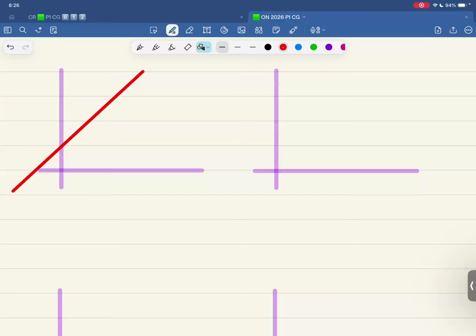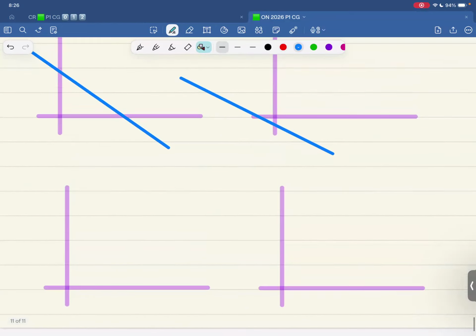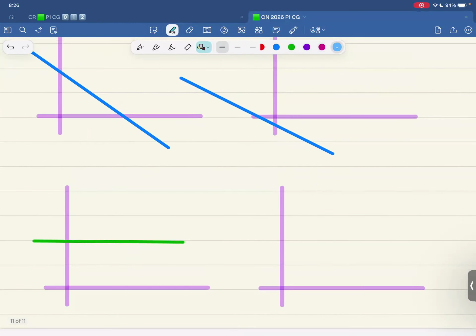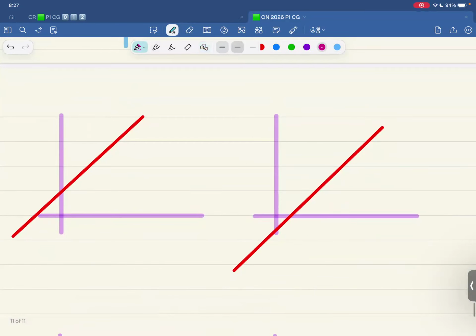The line is drawn like this, like this. Let me draw a line like this, and a line like this, and a line like this and like this. Now there are 6 possible lines that I've drawn, and I'm focusing on different kinds of sketches.